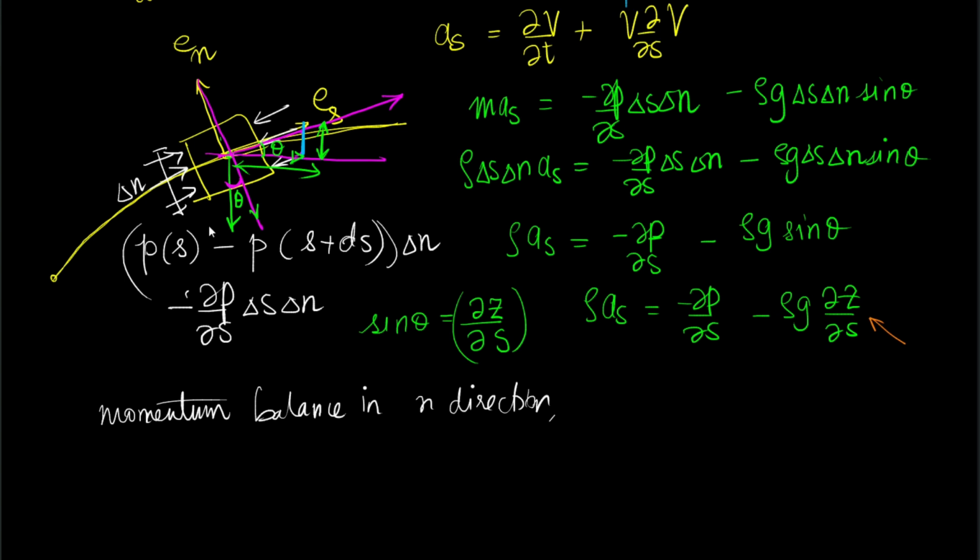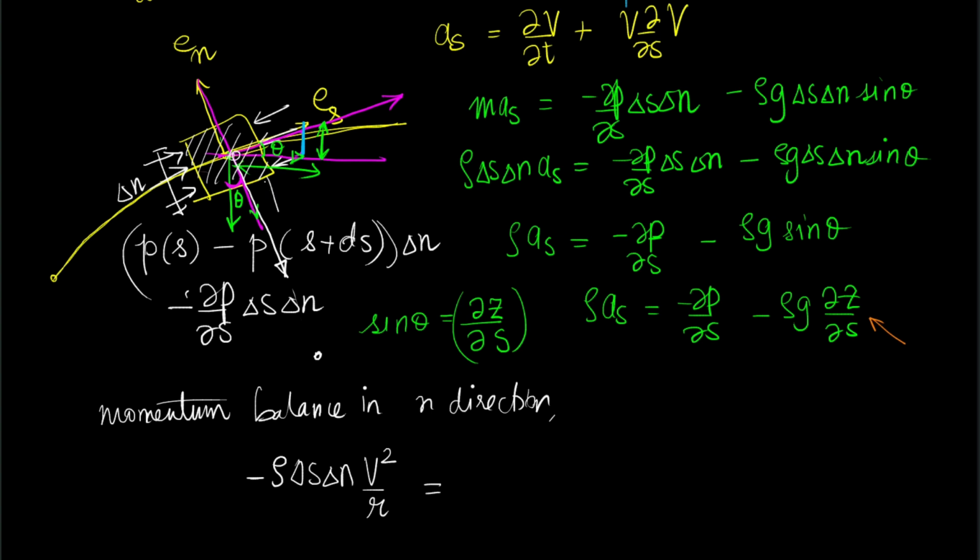The acceleration term as seen from the inertial frame will only be v square by r, where r is the local curvature with respect to which the fluid element is moving. So it will be minus rho delta S delta N, the mass of the element, times v square upon r. This will be equal to the force acting in the n direction.